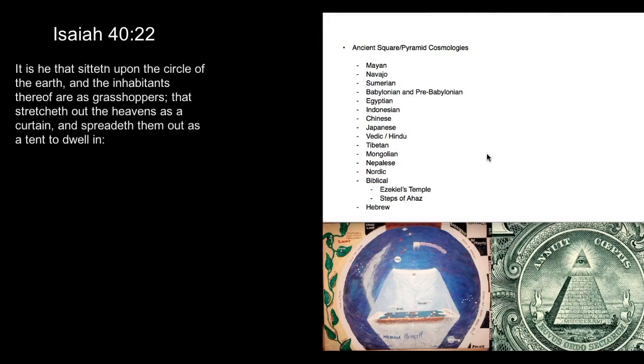Point to Isaiah 40:22 as evidence that the earth is a circle, but that verse too is misrepresented.